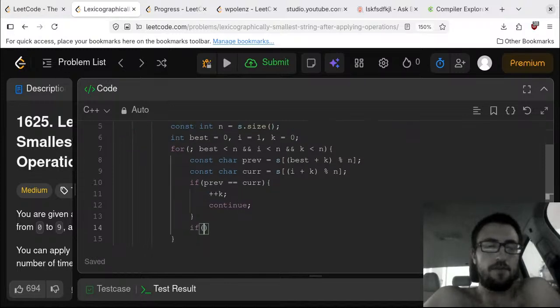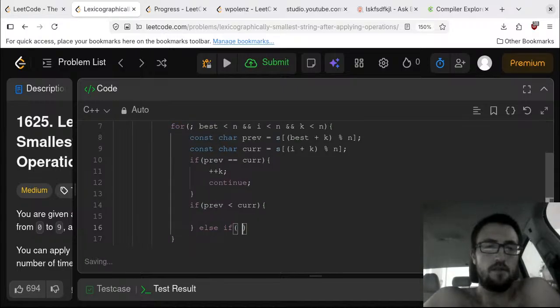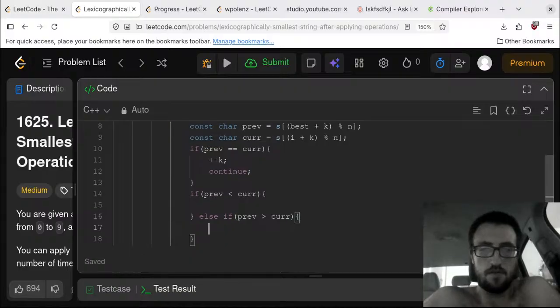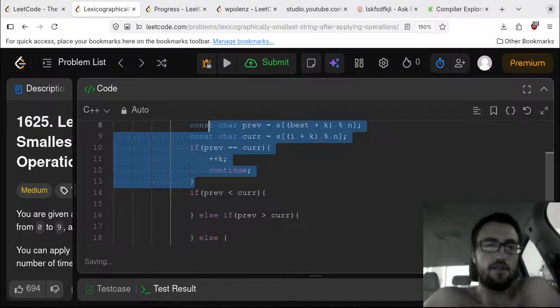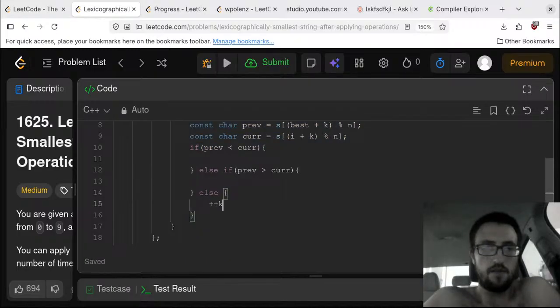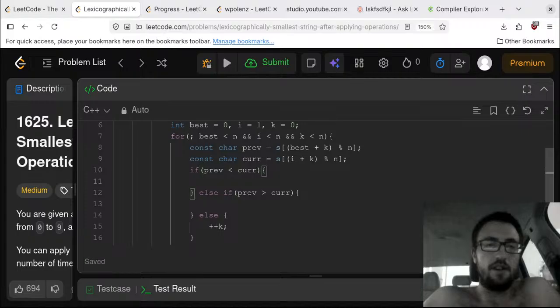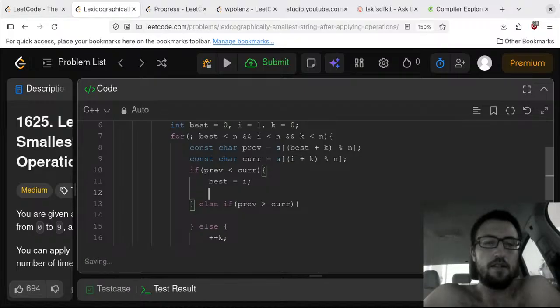If previous is less than current, then we're going to update best equals i, and increment i. Really should do it like this.